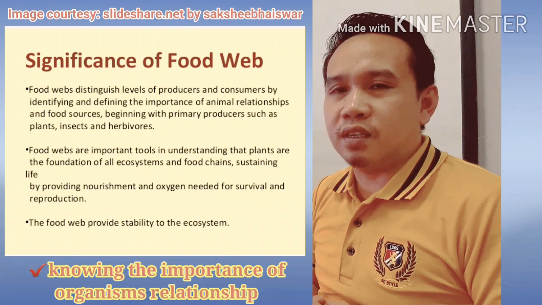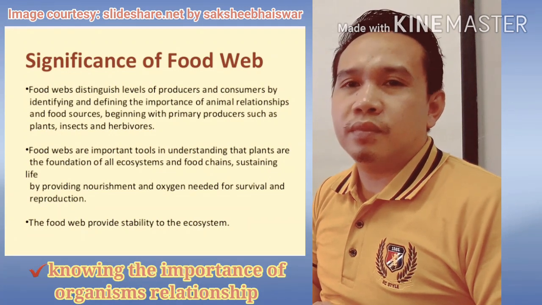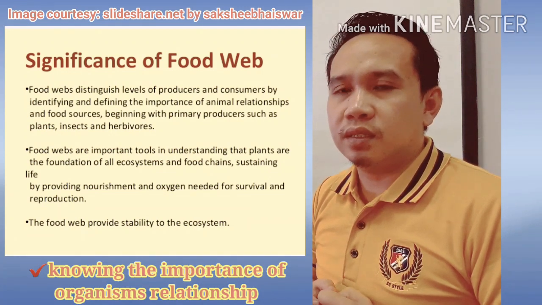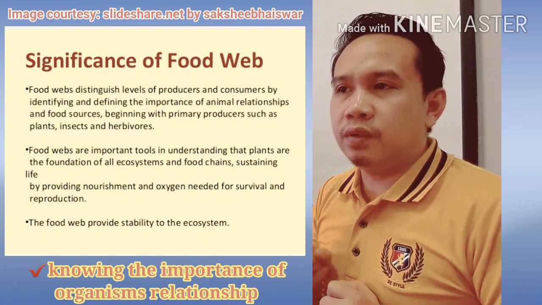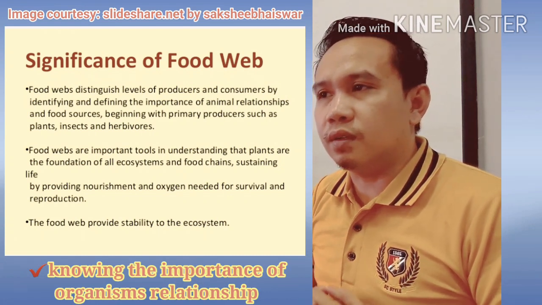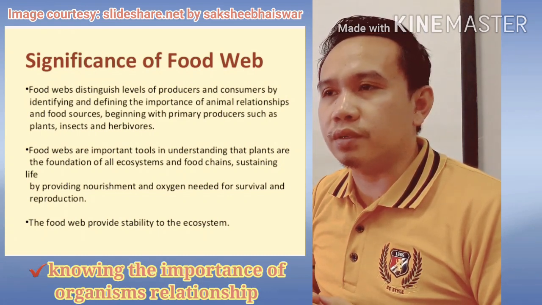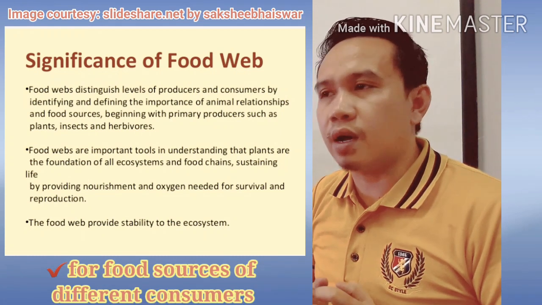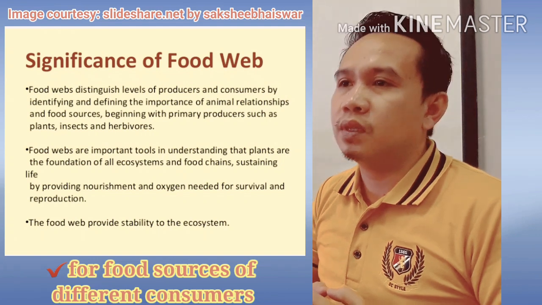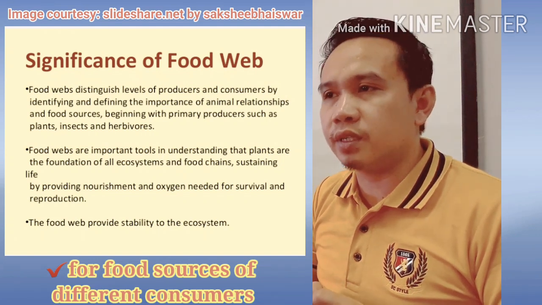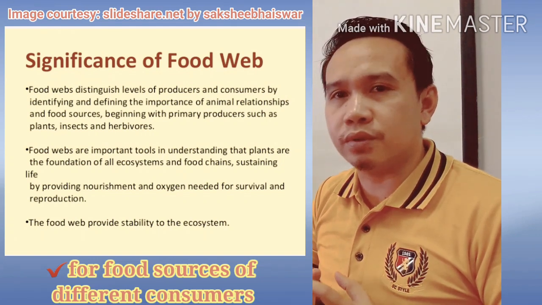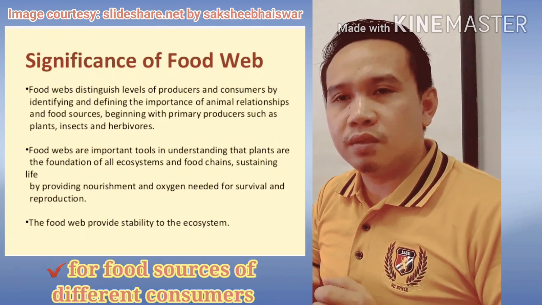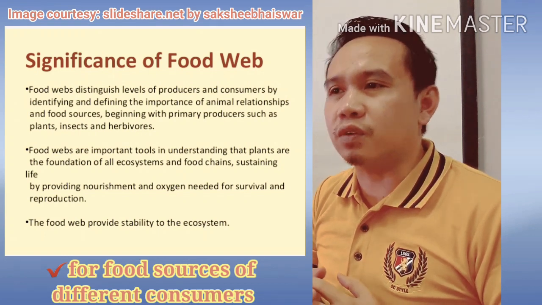What is the significance of food web? Why is that important? Remember, food webs distinguish the level of producers and consumers by identifying and defining the importance of animals' relationship, and for food sources beginning with primary producers such as plants, insects, and herbivores.